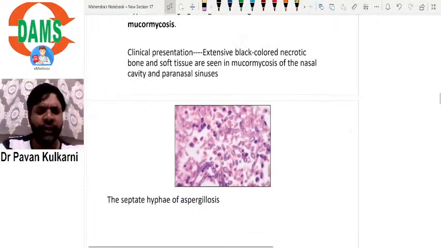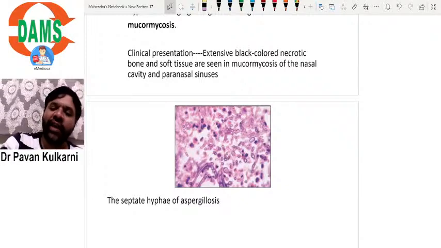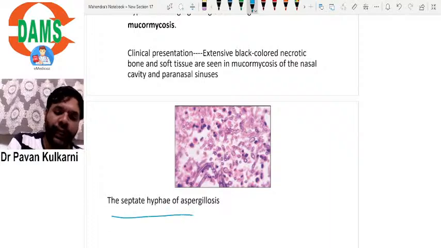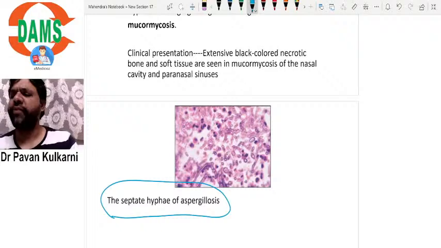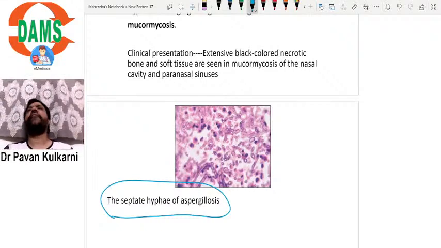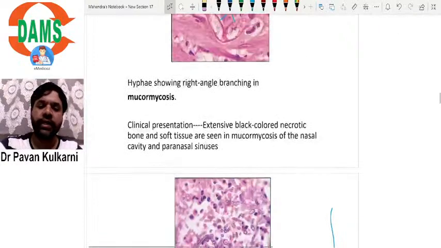How to differentiate between that and aspergillosis? Aspergillosis also clinically looks the same as mucormycosis. But the difference here is the hyphae that you see are septated hyphae, whereas in mucormycosis they are non-septated. Also look at the size.